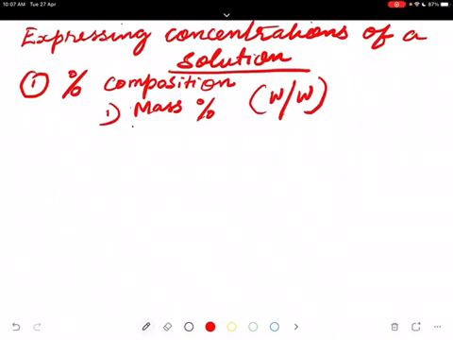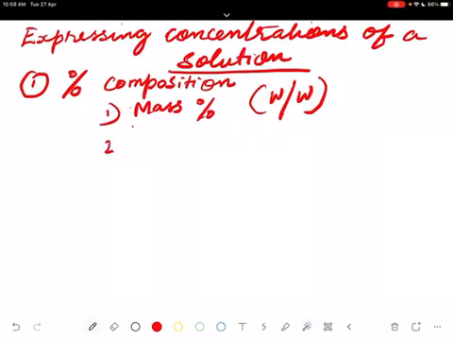This first W stands for mass of the solute. This W stands for mass of the solution, not the mass of the solvent. So W slash W means you are talking in terms of mass. In chemistry, mass and weight are taken in the same meaning.